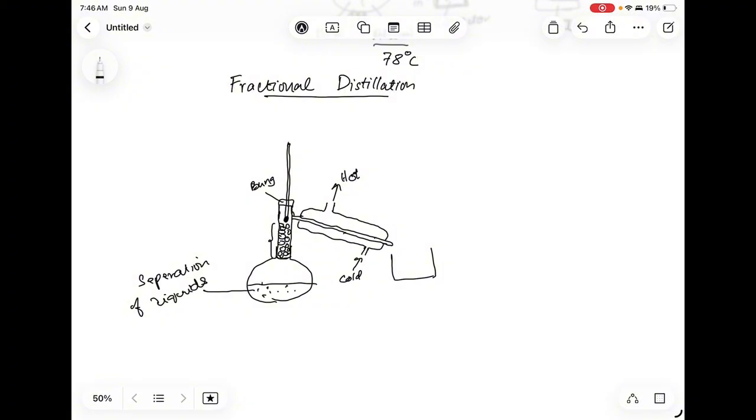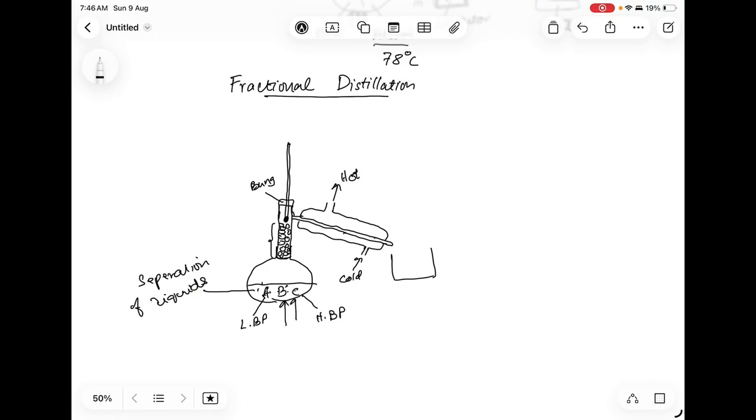So let's suppose it has 3 liquids, A, B and C. A has the lowest boiling point, C has the highest boiling point.